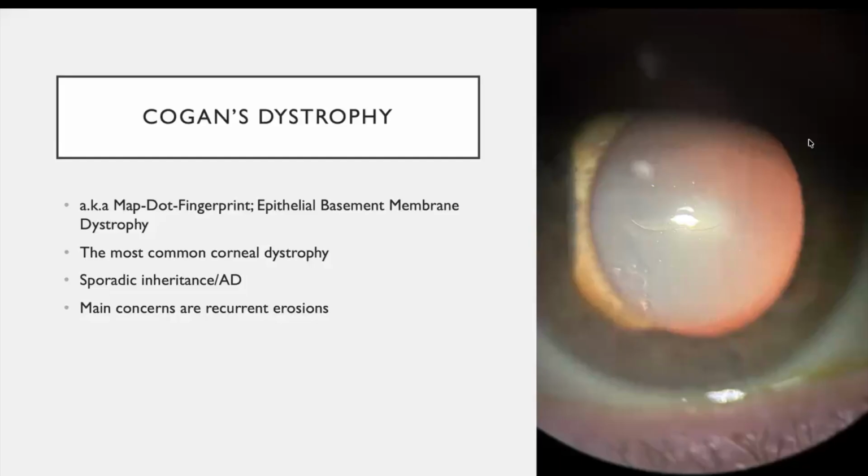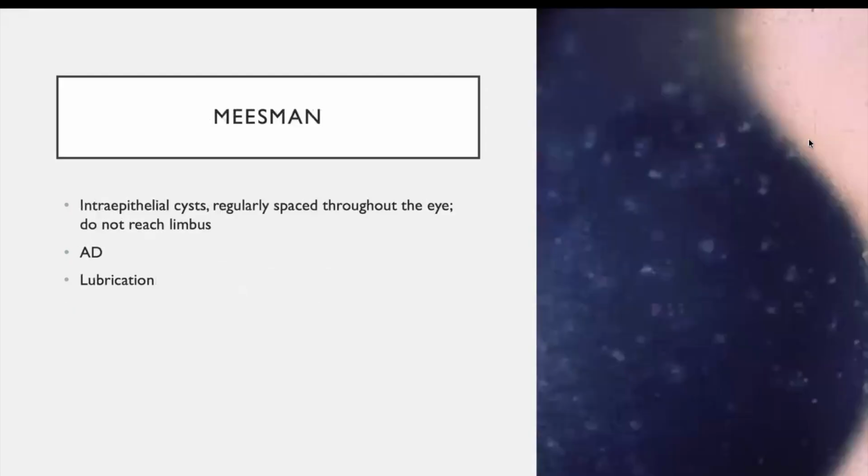These are patients that can come in with problems, and if you haven't diagnosed the dystrophy, then you may not always get to the bottom of what's causing the erosions. You essentially just treat the erosions, and that tends to be pretty good. They tend to have very little in the way of visual symptoms unless they end up with quite severe recurrent erosions and scarring. But typically, these patients are usually pretty well.